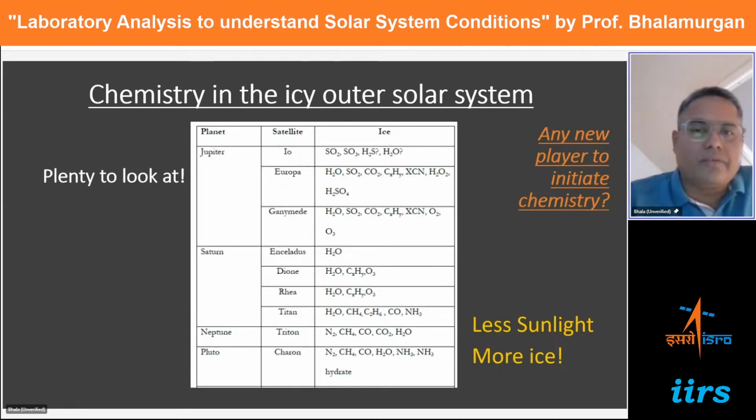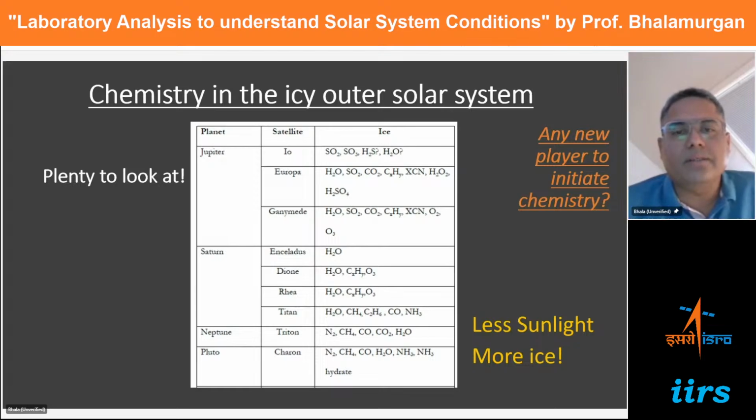I should have put an arrow here so that we are moving away from Jupiter to Saturn, Neptune, Pluto. But if you carefully see, when you move away from the sun to the distant edges of the solar system, nitrogen comes into picture. And in between, ammonia starts to kick in.